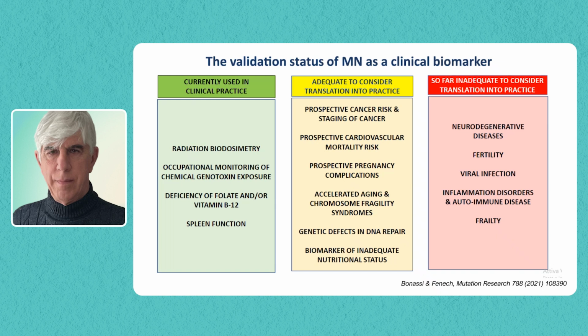We have promising data to estimate the risk of accelerated aging, chromosome fragility, or cancer. In this case, more data are required before we can really establish this link. And there are others in which the evidence is really inadequate. We need more data.